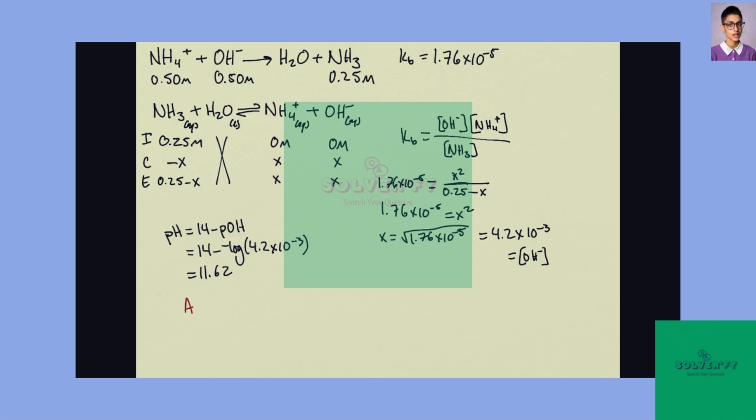The indicator alizarin has two pKa values and therefore two pH ranges. The first one is about 5.6 to 7.2, and the second is about 11 to 12.4. Our second color change is a good indicator for this titration here, since it includes the pH of 11.62 within its range.